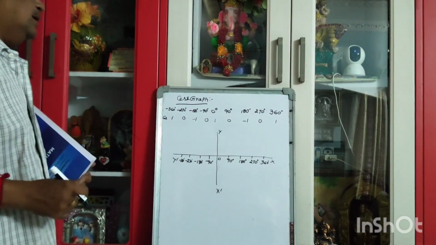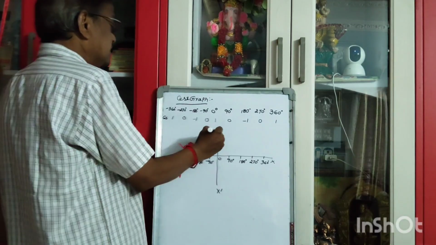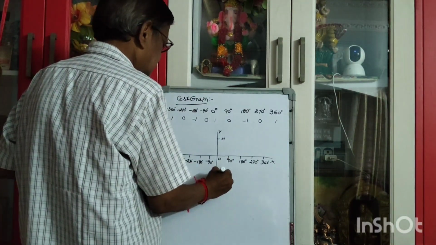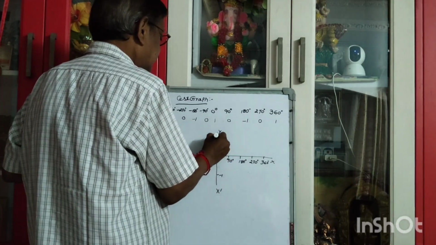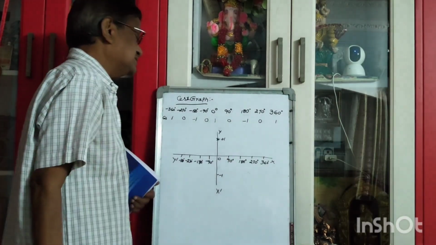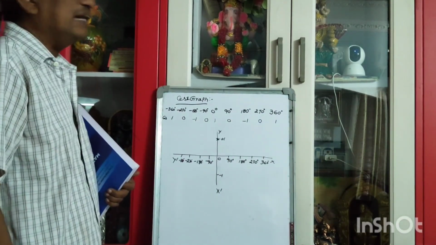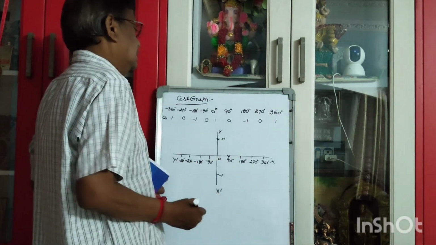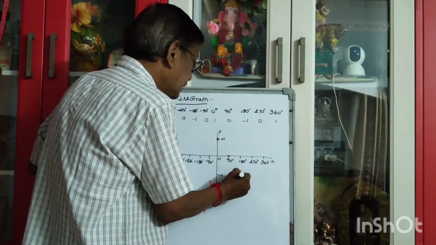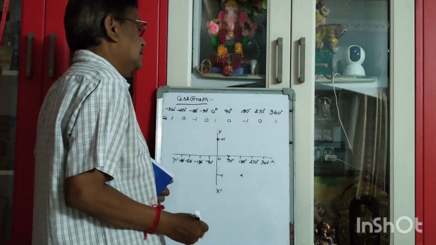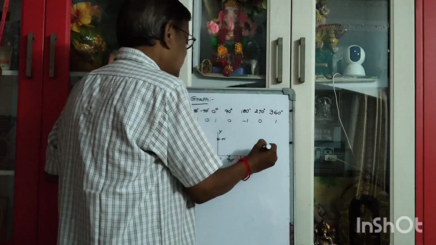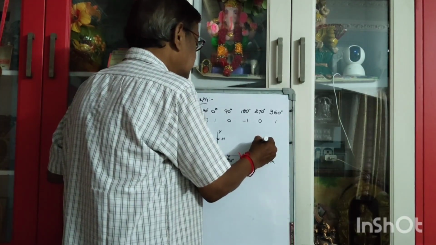Now cos 0 degrees is plus 1, cos 90 is 0, cos 180 is minus 1, cos 270 is 0, cos 360 degrees is plus 1.